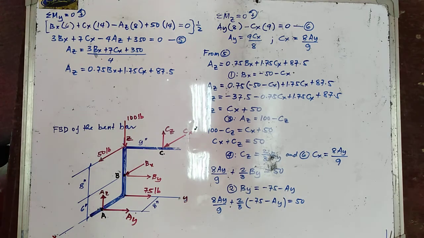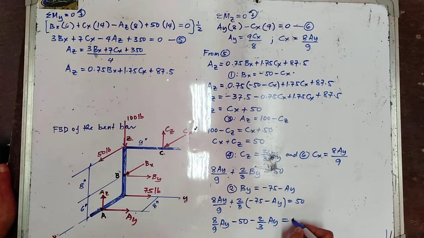So 8 over 9 AY. 2/3 times 75 is minus 50. And then minus 2/3 AY is now equal to 50.